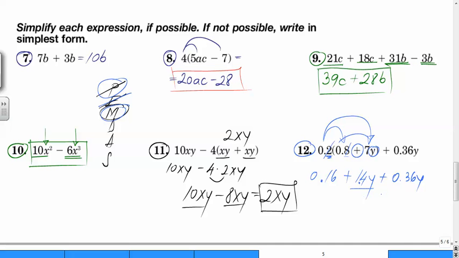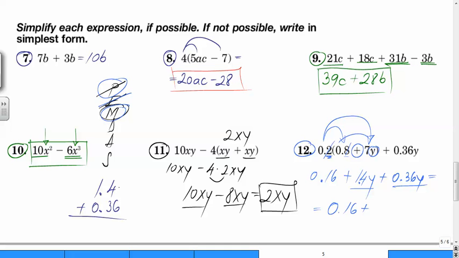Like terms. 1.4y plus 0.36y. You need to add them, right? So your expression would be the first term stays the same, 0.16 plus. Now to add 1.4 plus 0.36, please be careful the way you line up your decimal points, right?